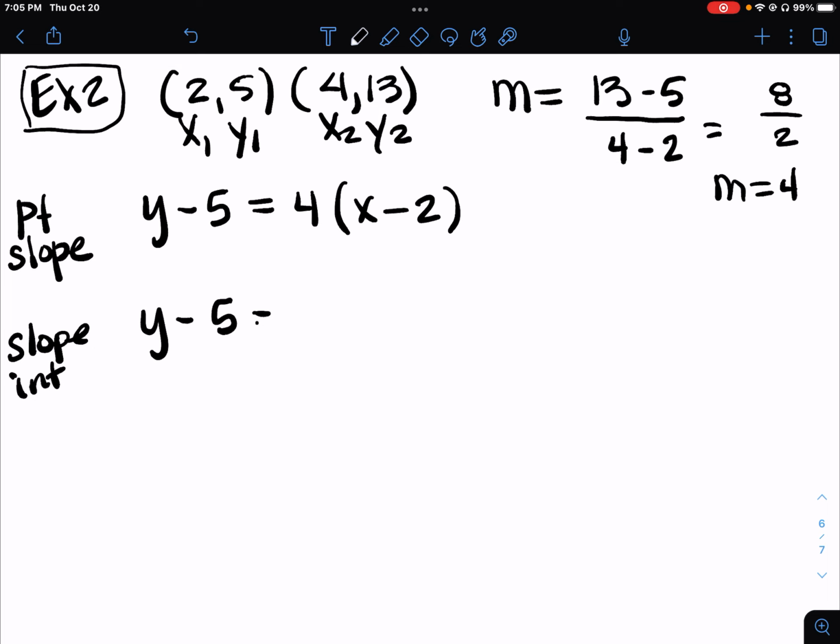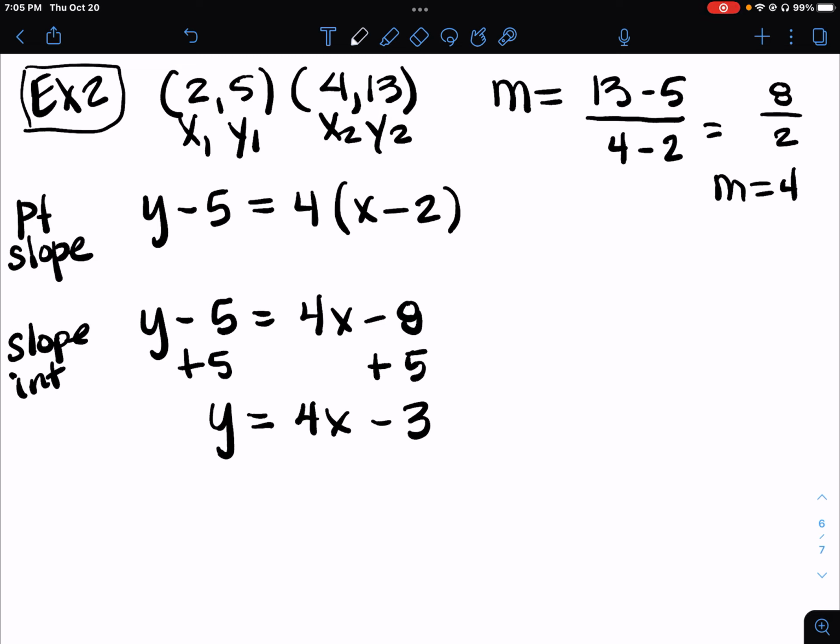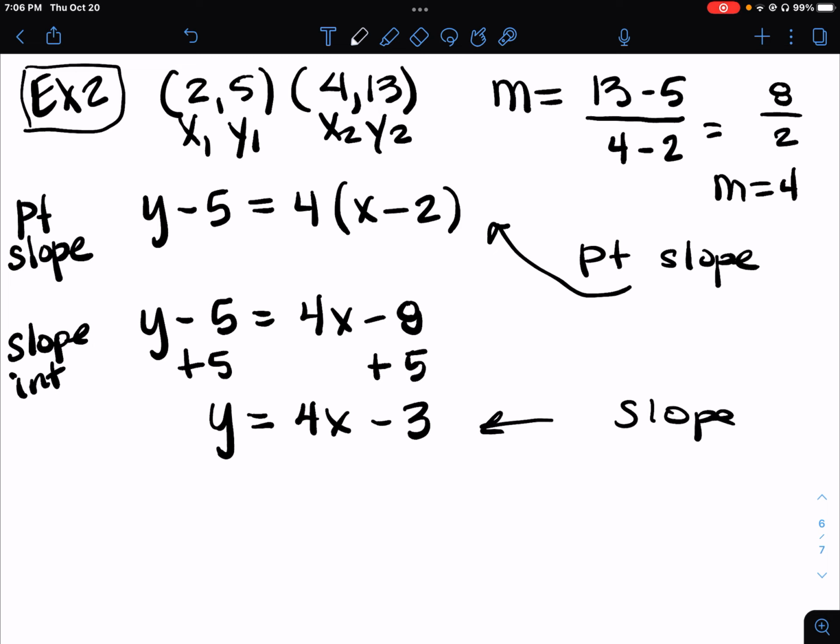So to get y by itself, we first need to distribute the 4. Then we're going to add 8. Okay, so there is our slope-intercept form. Okay, that's the point slope. That's the slope-intercept. It's two forms of the same line.